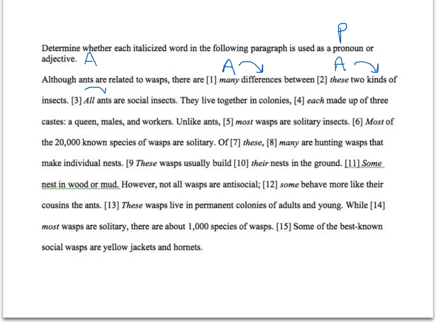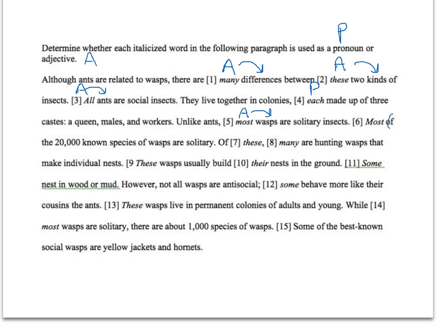All is again an adjective because it's just telling me how many ants. Each is a pronoun because it comes in front of a verb. There's no noun after it that it's modifying. Most, adjective, because it precedes a noun. Here we have most of the 20,000 known species.